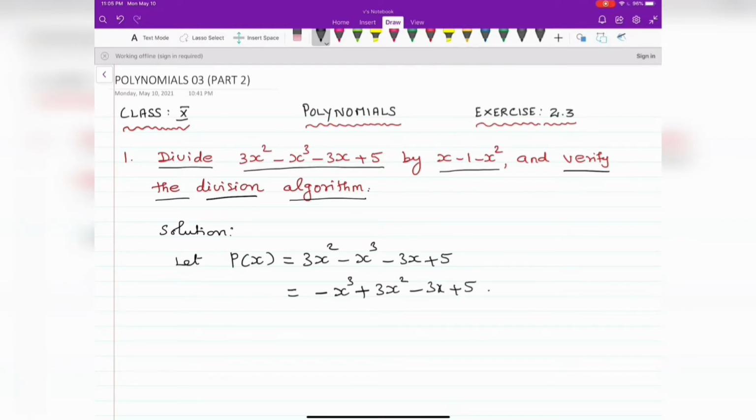You know, this is nothing but the dividend. Then let g of x be equal to x minus 1 minus x square. Let me write this as minus x square plus x minus 1. You know that this is your divisor.